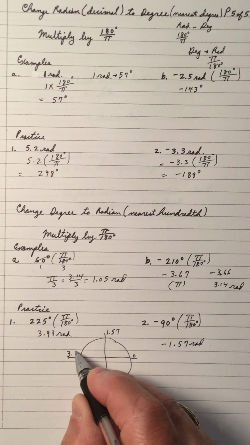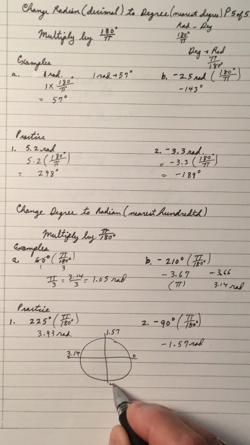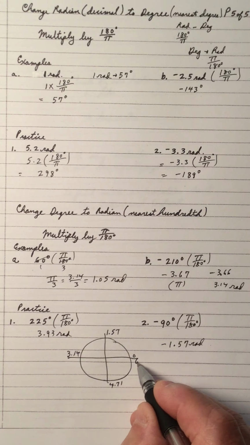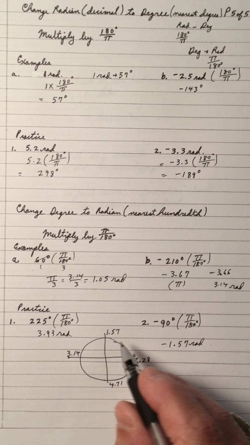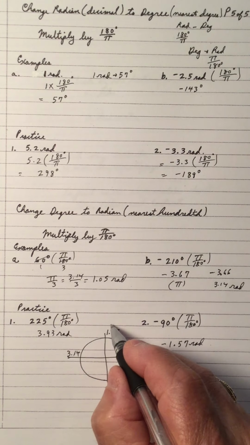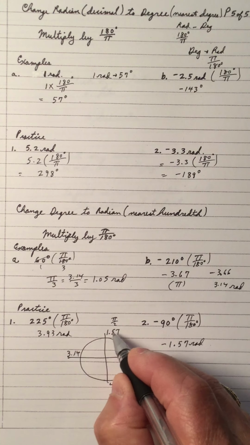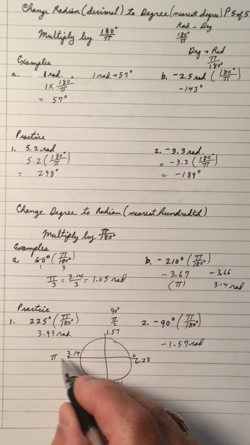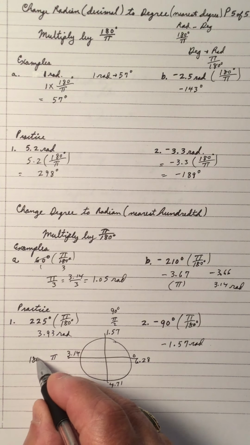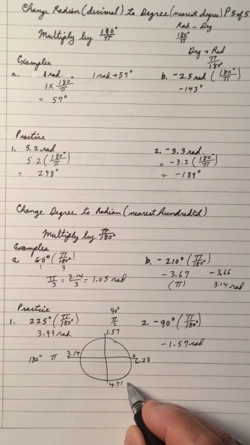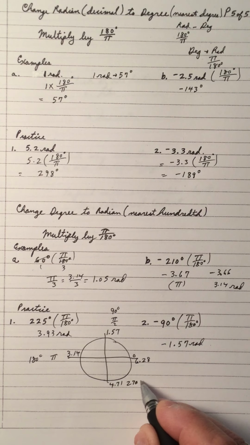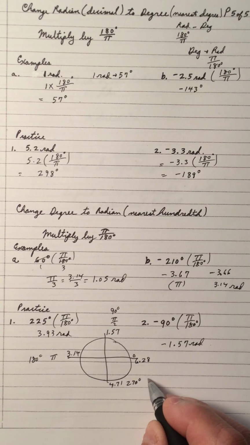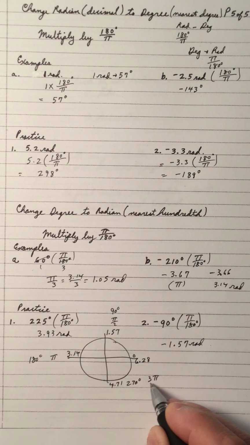And that makes sense because, remember, on our circle, in terms of 1 revolution, that's a 0, that's 1.57. This is 3.14 approximately. This is 4.71, and this is 6.28 radians as a decimal. Remember, this is pi over 2, that's a 90. And this is pi, which is 180. And this is 270. And 270 degrees is 3 pi over 2.